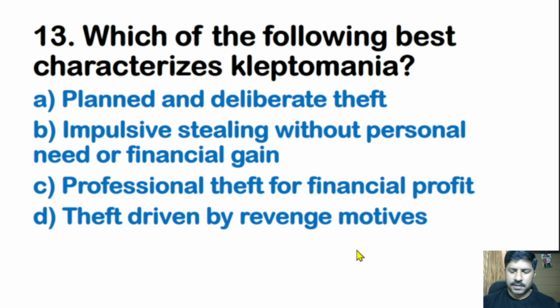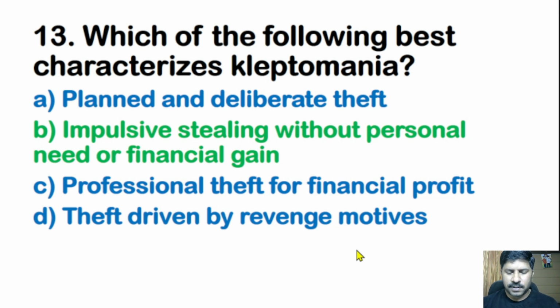The main characteristic of kleptomania is impulsive stealing without a personal need or financial gain. There is no use for that particular person with the stolen things, but there is an impulsivity to steal that thing without a financial gain or personal need.